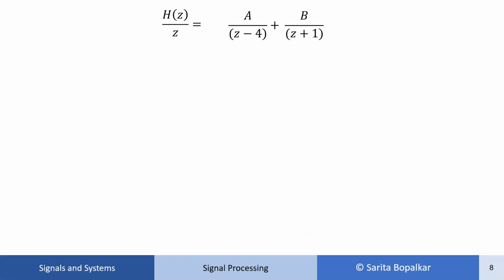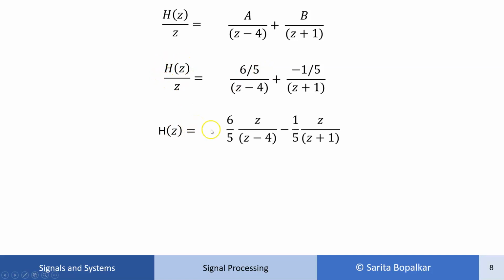Now we put these values into h of z upon z, then take this z to the RHS. So h of z is equal to 6 by 5 z upon z minus 4 minus 1 by 5 z upon z plus 1.